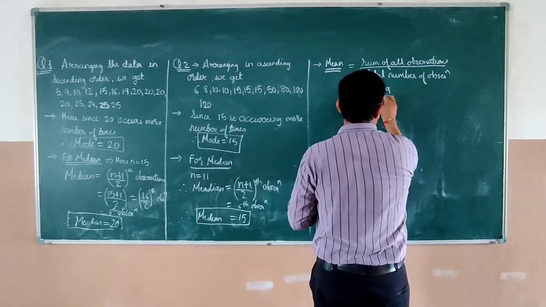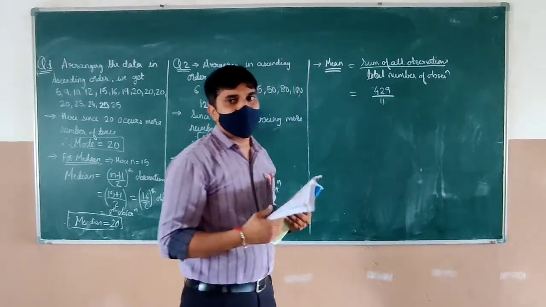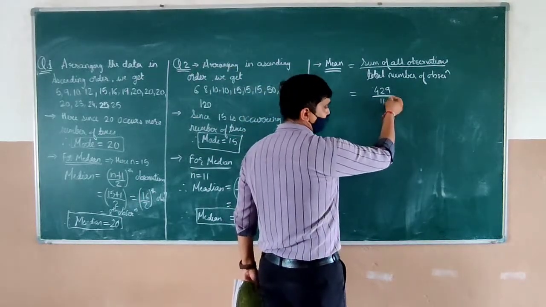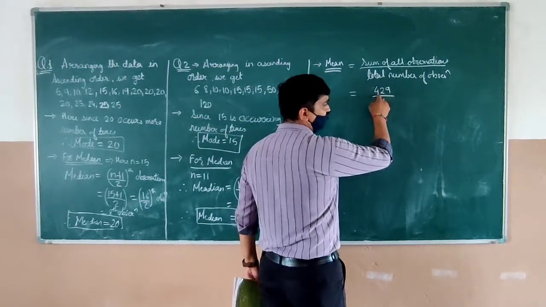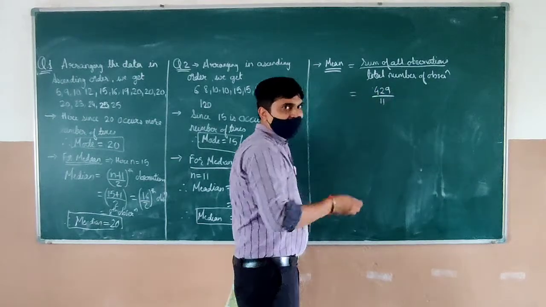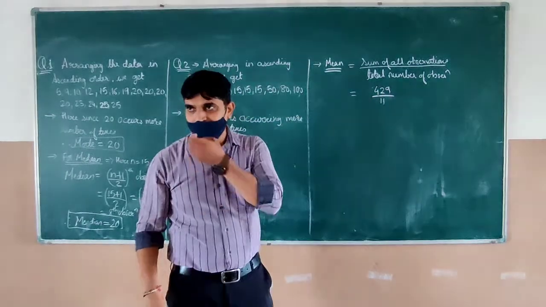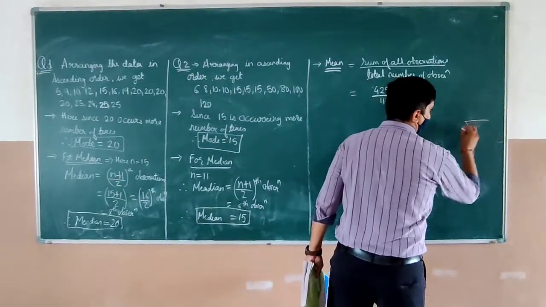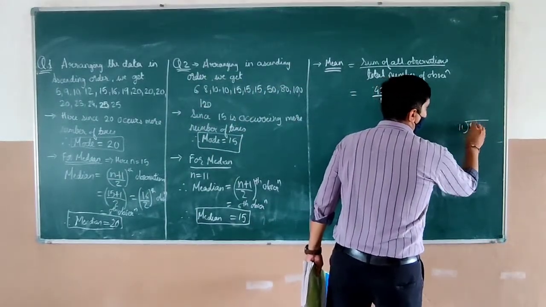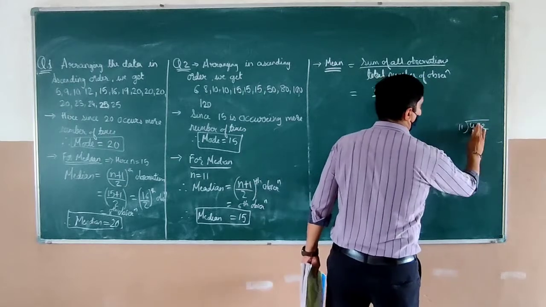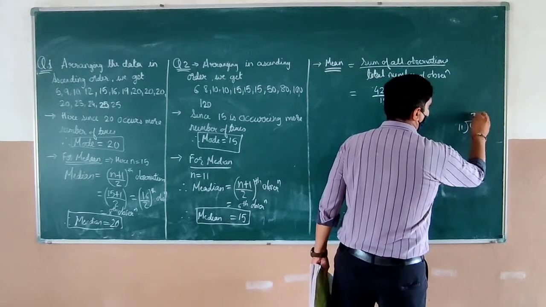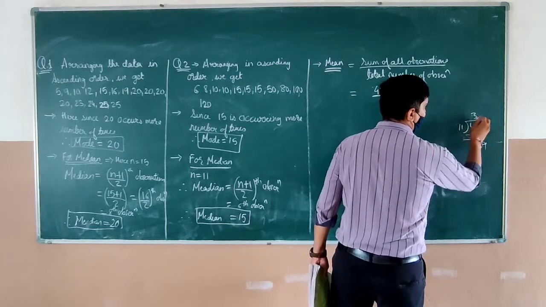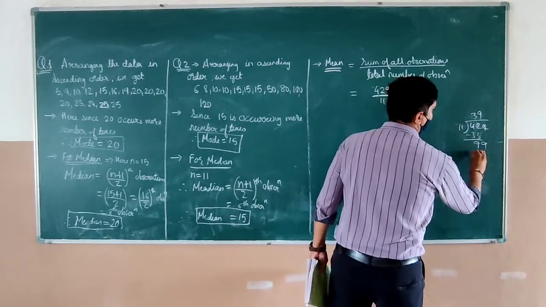And how many innings are there? 11 innings. So 11 in the 11th table, let us see if it is going. 11 3s are 33, 42 minus 33, how much will remain? 9 will remain? Yes. If you don't know, do it like this. 11 3s are 33, 9 left, 99, 11 9s are 99.